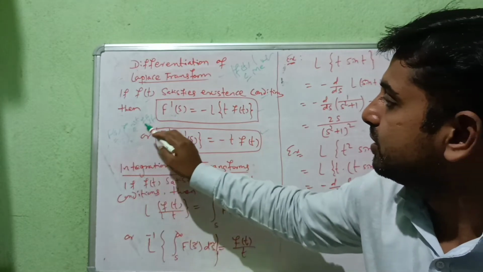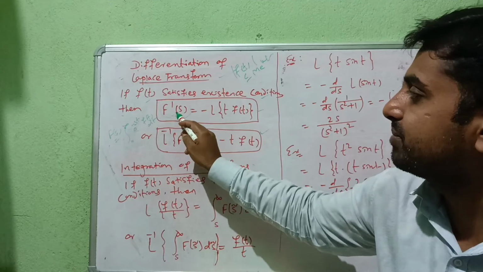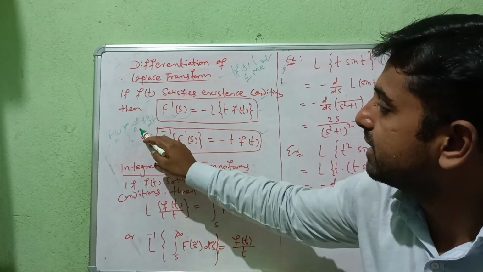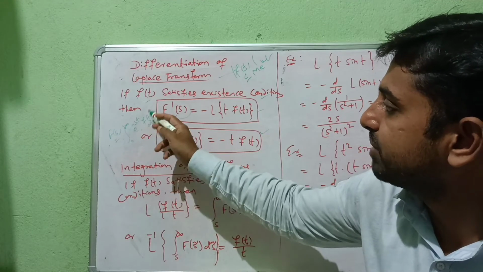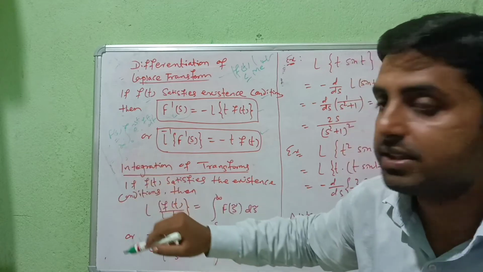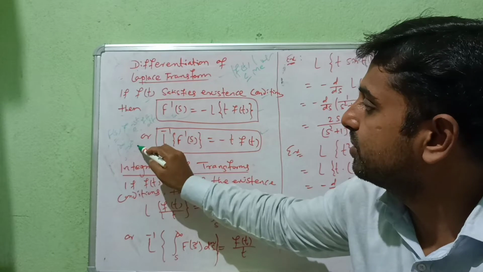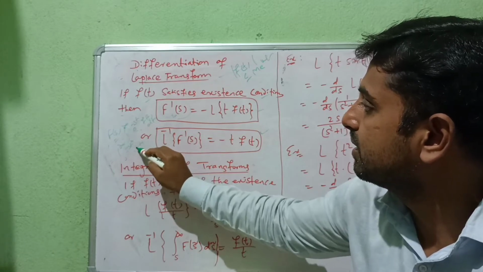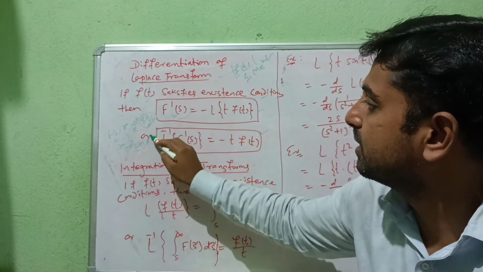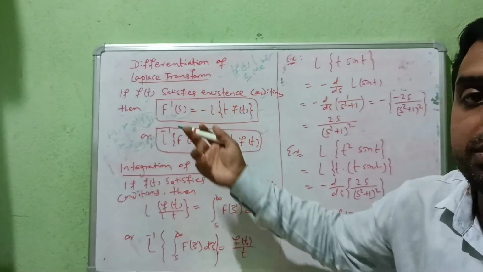And to find the differentiation F dash s, we have to differentiate with respect to s, not with respect to t. So under the integral sign, if you differentiate with respect to s, we get 0 to infinity e to the power minus st into minus t, and f of t you take as constant, because we differentiate with respect to s.